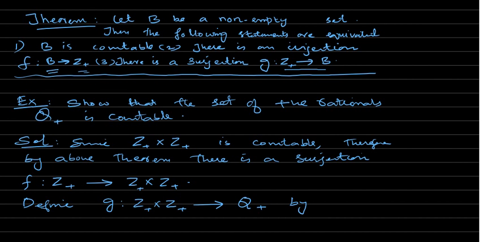Now you have to associate a rational number with each pair of integers. That's very simple, because if you choose any rational number, you must have a pair of integers. So how do we define this map then? Define g of m comma n equal to m by n. Okay, right. So this is the natural way to define this map.